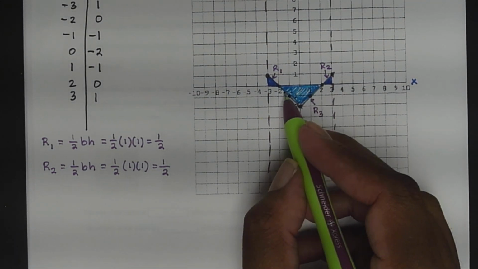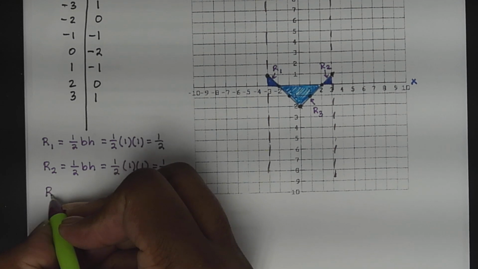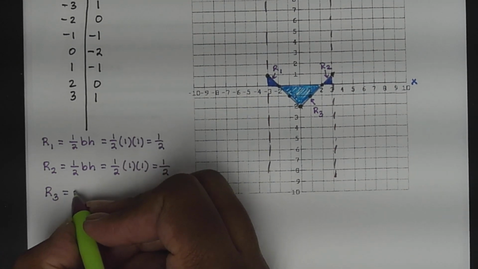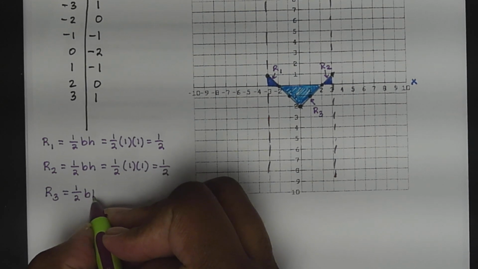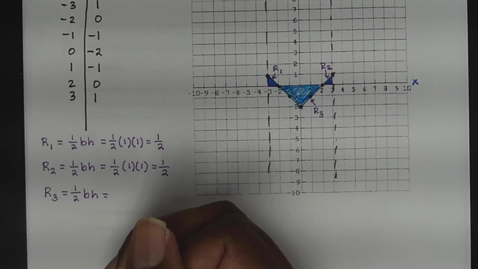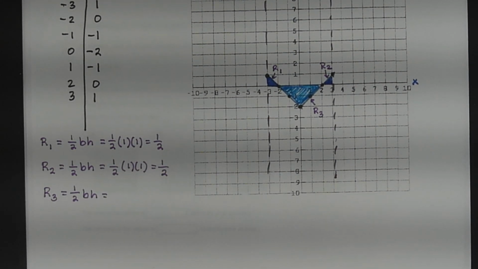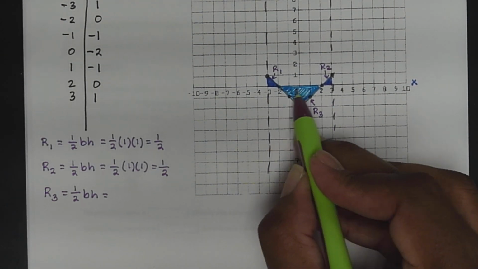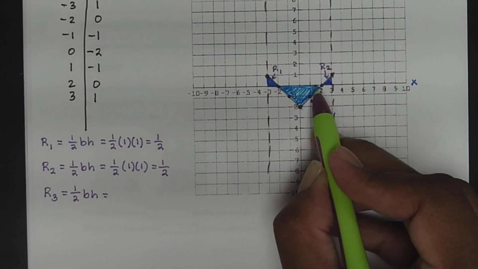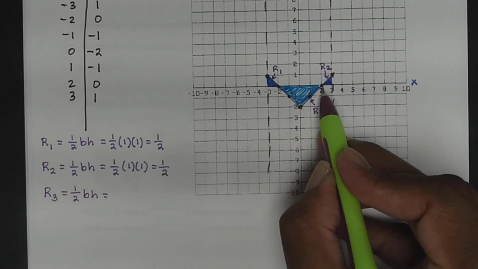Now, for this one that's in blue, and I'll label that as region 3. Well, it is a triangle, so I'm going to use 1/2 the base times the height. And here I can use that because if you notice, here's my base, from -2 to 2. That distance is from -2 to 2. That's going to be 1, 2, 3, 4.